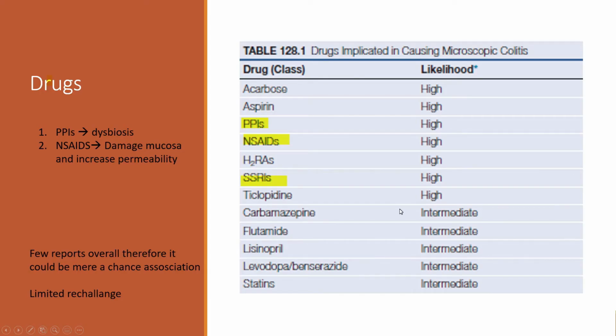So now medications. The interesting thing about medications is that there was a study published which correlated with all the evidence associated with drugs. They commonly describe PPI, NSAID, and SSRI, and these are high likelihood.